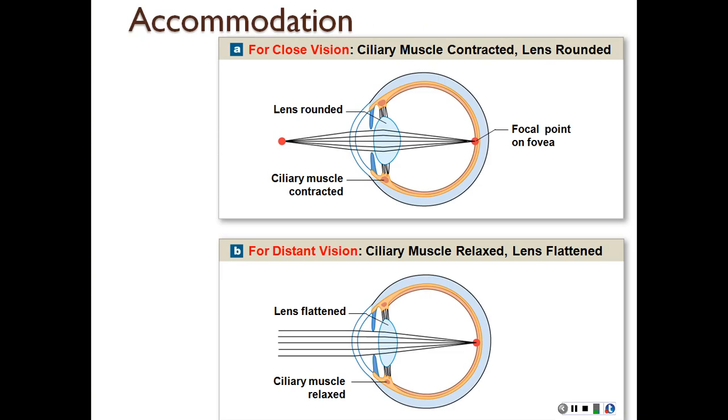First, let me show you the bending of the light rays. So you can see, if you just look at the bottom picture here for a moment, depending on what you're looking at, even if you're not looking directly at something, all of the light is passing through the cornea, and it slightly bends.